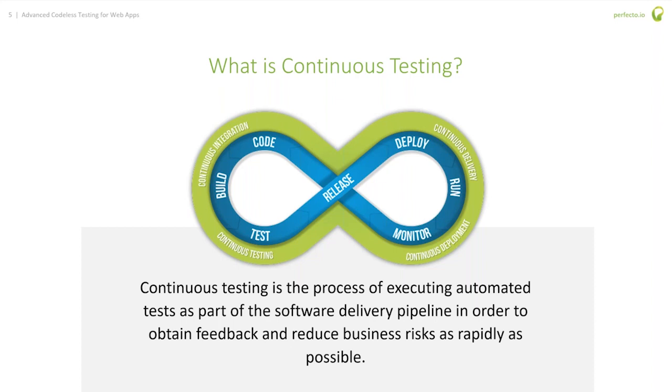Before we start, I just want to make sure that everyone is on the same page with the definition of continuous testing. And when I typically, and also in the book, when I talk about continuous testing, I usually underscore two main points here, and these are the business risks.